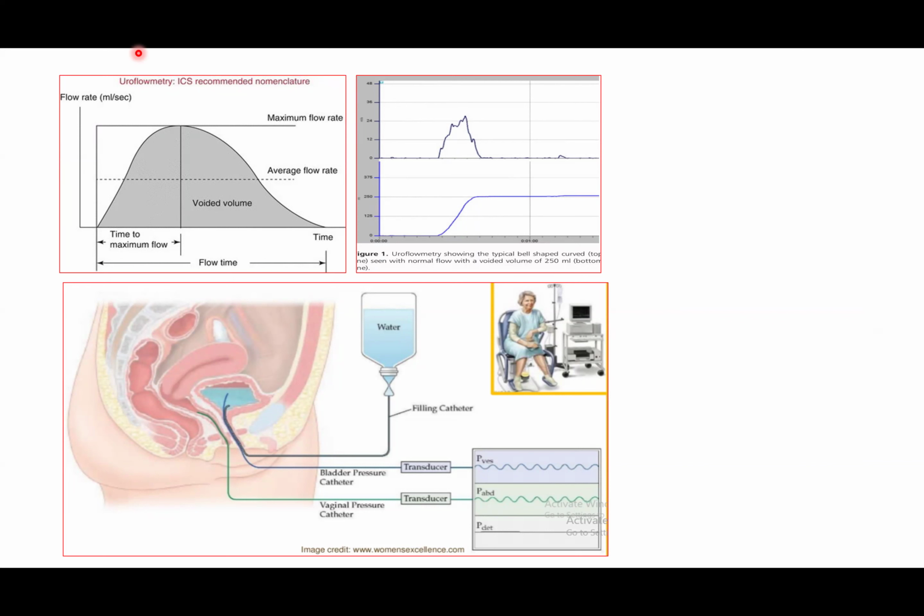Another transducer is introduced into the rectum and measures the intra-abdominal pressure. We calculate the detrusor pressure by subtracting the intra-abdominal pressure from the intravesical pressure. The uroflowmetry curve is usually a bell-shaped curve.